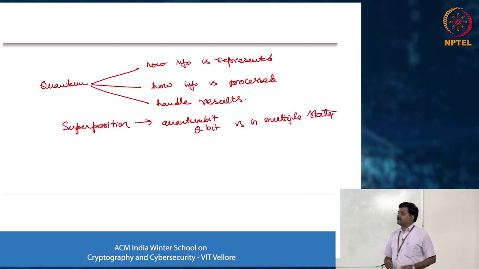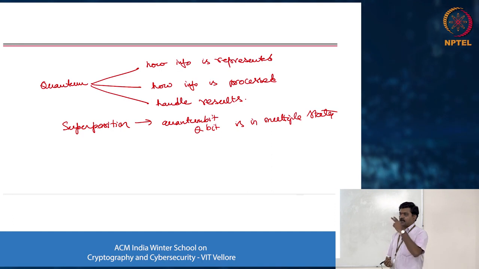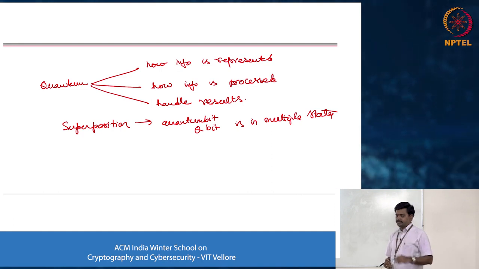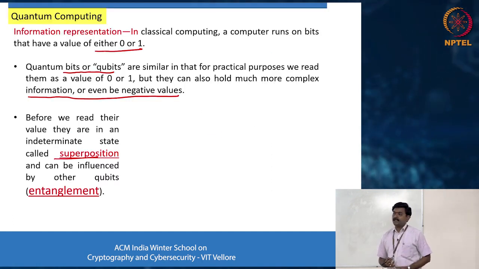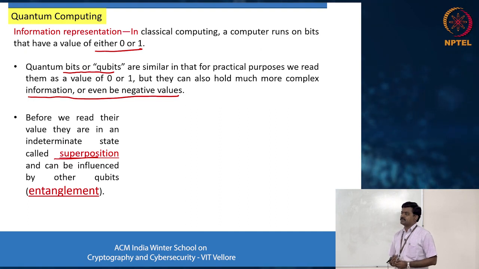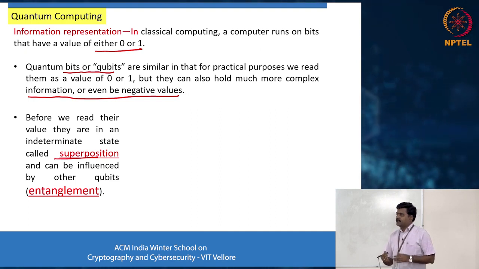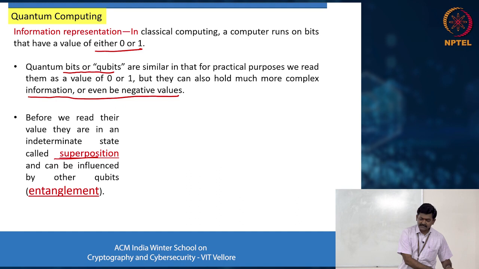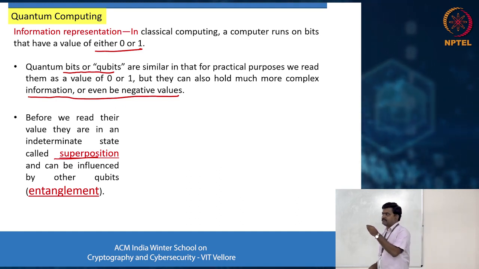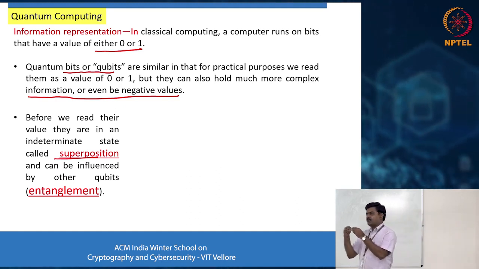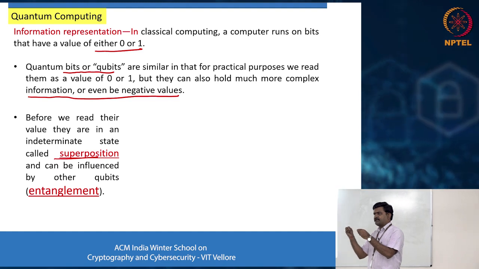Whereas in the case of classical, what happens? You have only one, either 0 or 1, right? Another important property of qubits is that in the case of classical bits, this is one bit. Imagine you have one more coin, it is another bit.